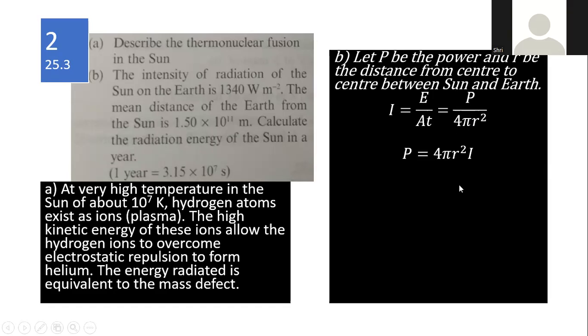Then we're going to find power, cross multiply, and put in your value. That's the intensity, R is the distance. Square that and calculate out.